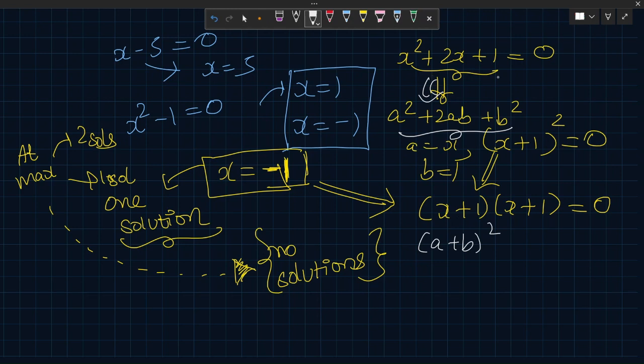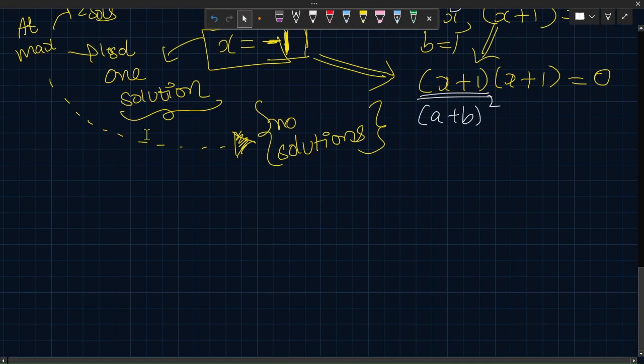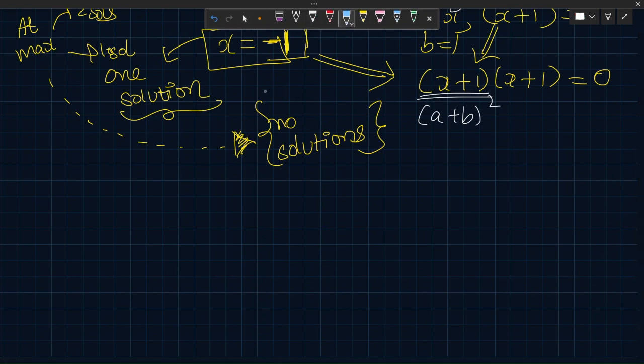So if I have something like this, I can get something like this and I have a solution. Now we are going to develop a general method to solve any quadratic equation. Either you can try to factorize this ax square plus bx plus c and rewrite it in this form so that you can solve the quadratic equation, or you can use the general method which I'm going to discuss now to solve the quadratic equation.